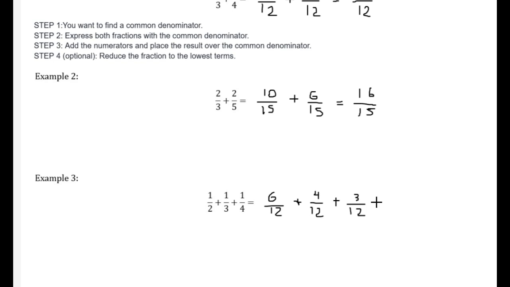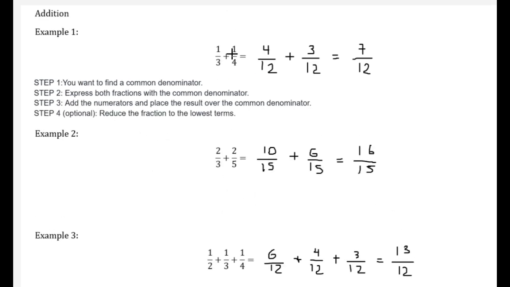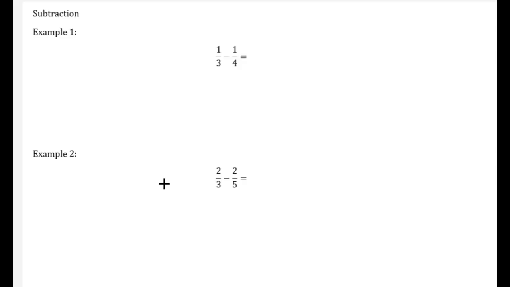Same idea: place the sum of the numerators over the common denominator. So the result is 13/12ths. So here we summarize the steps. You can do this again on your own if you wish, and let's go with the subtraction.